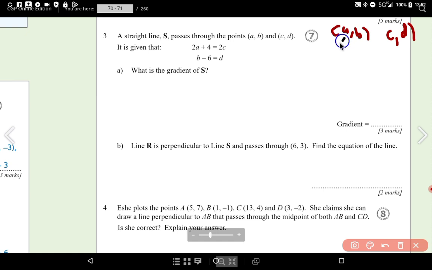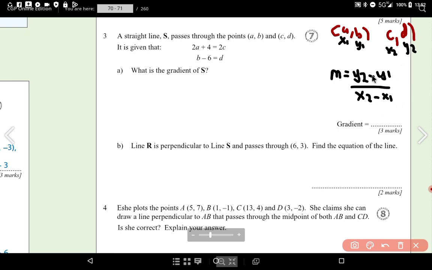So this will be x1, this will be y1, this will be x2, this will be y2. So we're going to write the formula for the gradient. Gradient is equal to y2 minus y1 over x2 minus x1.